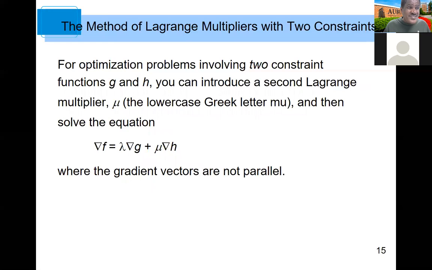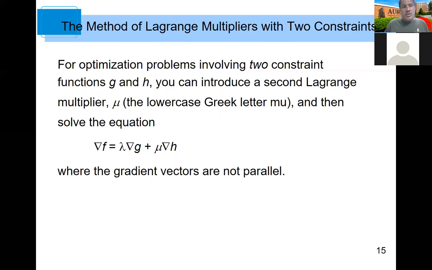Now the Lagrange theorem becomes del f is equal to lambda times del g plus mu times del h. Okay, so imagine if you have 3 constraints, 4 constraints, 5 constraints, it will go on the same way. Where the gradient vectors are not parallel.